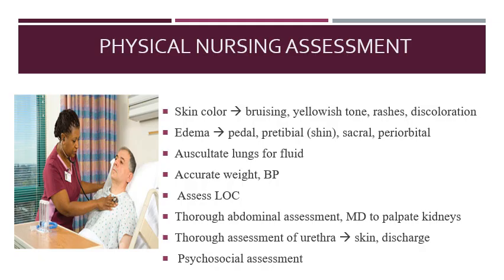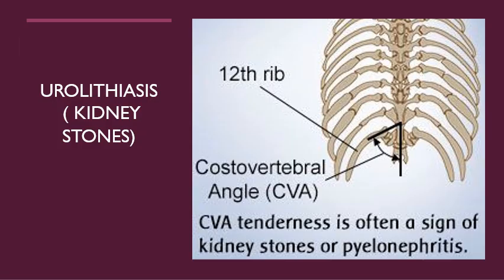RNs do not palpate internal organs. That's a MD or a nurse practitioner. Something we can do is actually something called CVA tenderness, costovertebral angle tenderness. What you can do is ask the patient's permission to touch them. Put one of your hands palm side to the skin on their lower back.